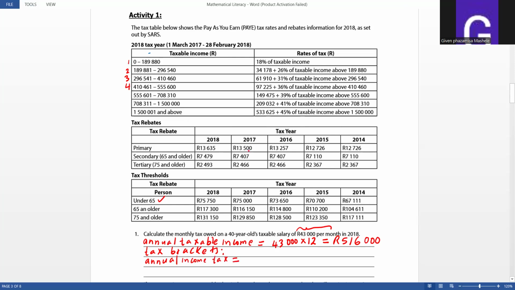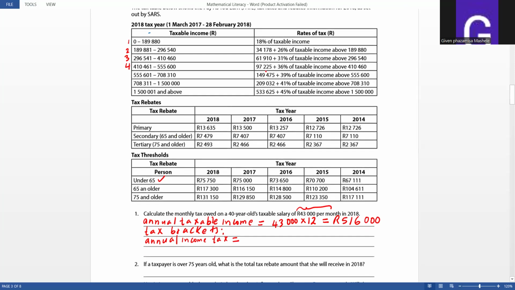As the minimum, he qualifies to pay 97,225 plus 36% of his taxable income above this bracket. So you take the annual taxable income, 516,000, and ask by how much it is above this amount.